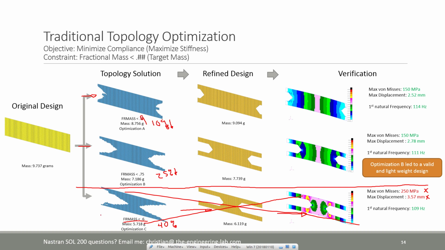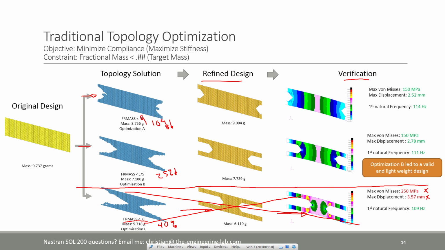So again, you should perform multiple topology optimizations at different fractional masses. You should go through this procedure of creating a refined design and then a verification. Out of all the designs that meet your constraints, basically select the most minimum in weight, and that is your solution.